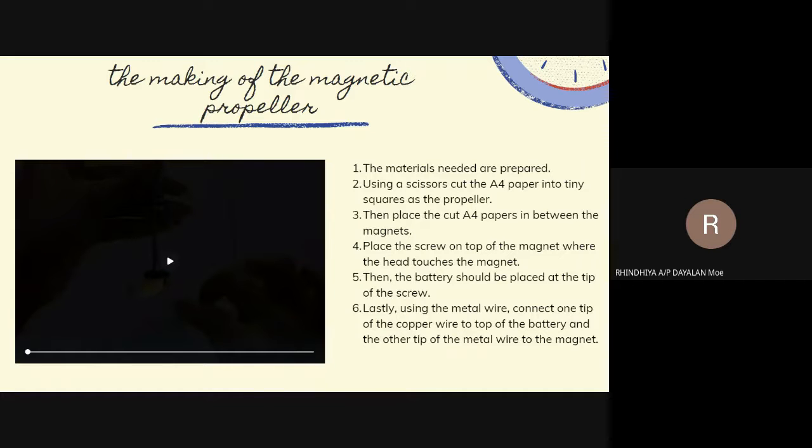In my opinion, the screw was used to hold the model together, because when the screw touches the magnet, the whole screw is magnetized. So it attracts the battery and holds the whole model together. But the screw is not really conducting the energy, because not all screws are good enough to conduct the energy. Therefore, you need another wire, and that conducts the energy, right?